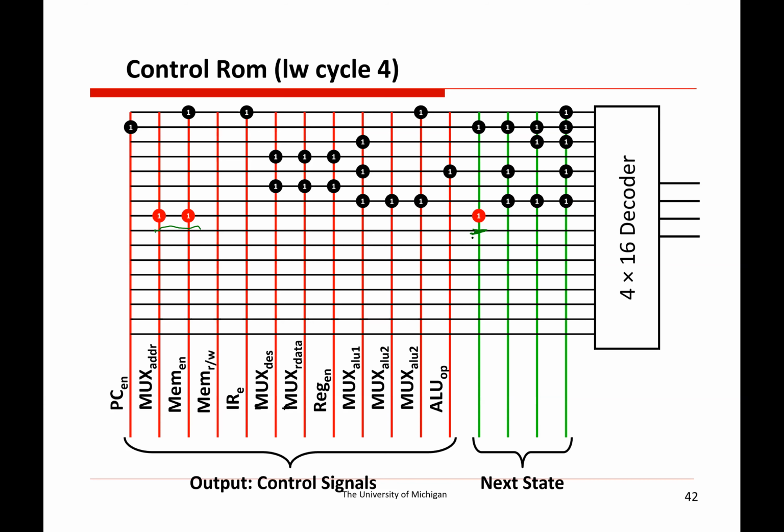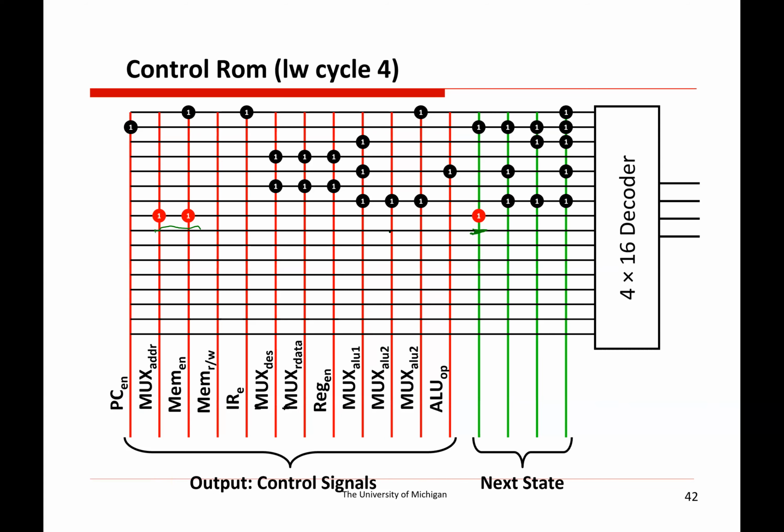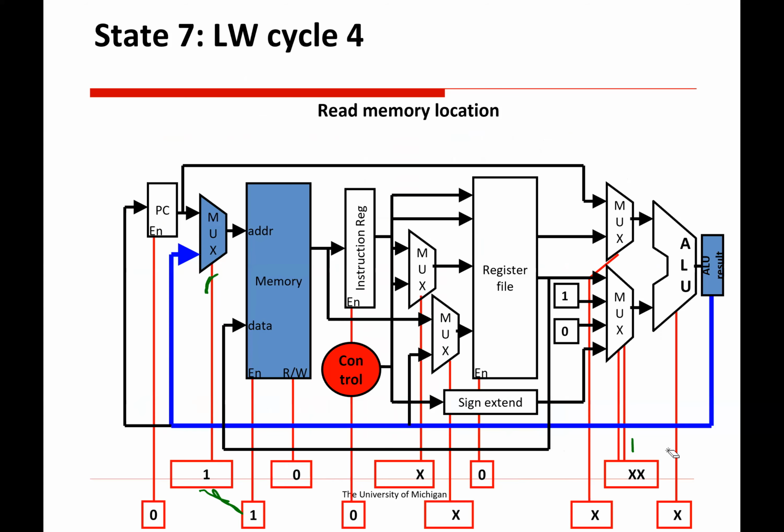So Jack is asking how we can set stuff to X without throwing things off. So X, again, means we can either set it to a 1 or we can set it to a 0. I'm just setting all the X's to 0 here because extra dots on here is confusing. So zeros, I think, are less clutter. But the reason why it doesn't matter is because, like in this case, I'm not using the ALU at all. Or actually, let's do a simpler example.